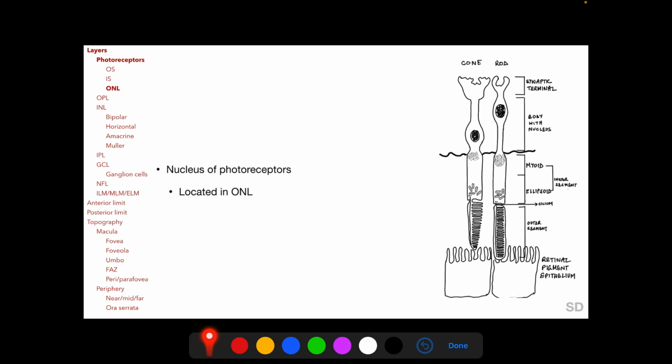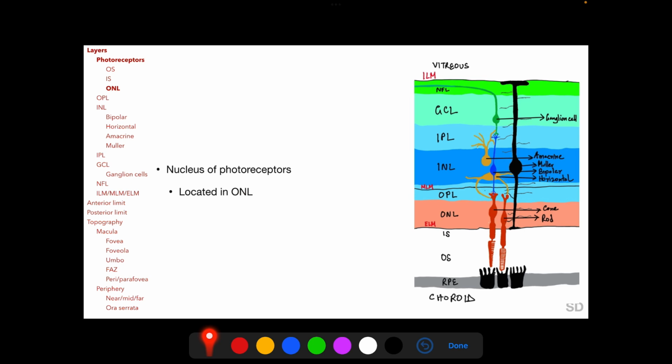The next proximal portion of the photoreceptors is the body containing the nucleus, which is located in the outer nuclear layer.